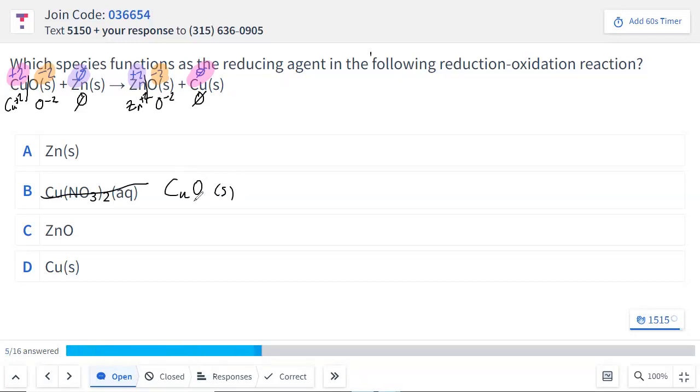So first and foremost, you should automatically eliminate answers C and D. Oxidizing agents and reducing agents are always reactants. Zinc oxide and copper are products in this particular reaction, so they can't be oxidizing or reducing agents. Now it comes down to which one is the reducing agent, which one is going to be oxidized in the process. Well, we already established that. Zinc was oxidized, which means zinc is going to be the reducing agent in this case.